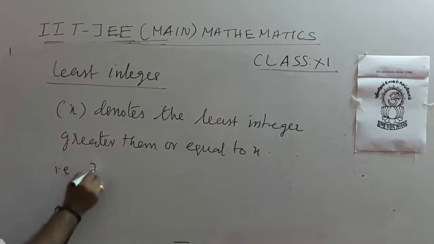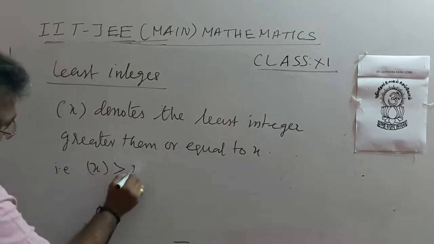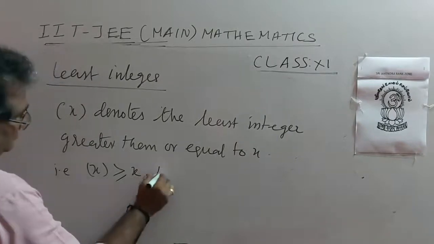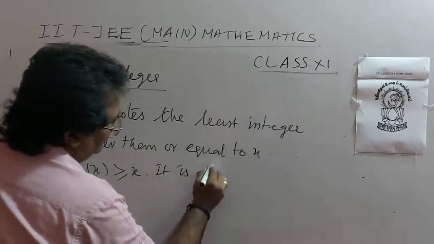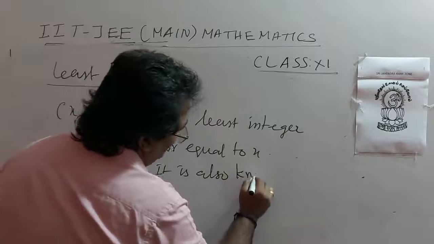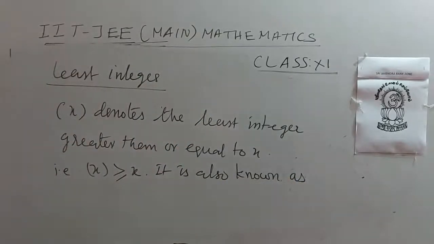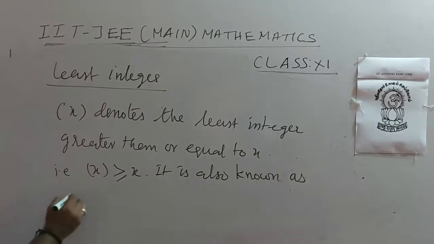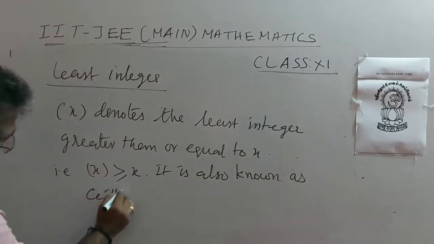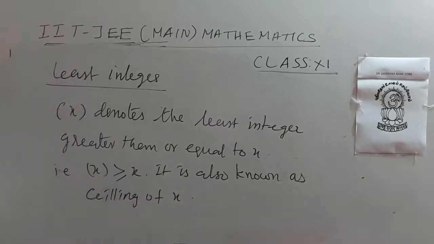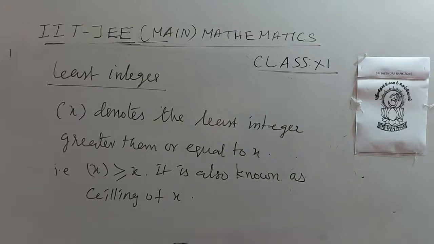That is, this is greater than or equal to x. It is also known as the ceiling of x. The previous case was the floor of x. Here it is the ceiling of x.